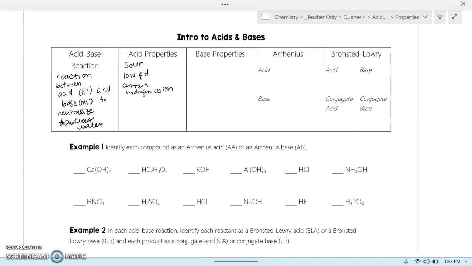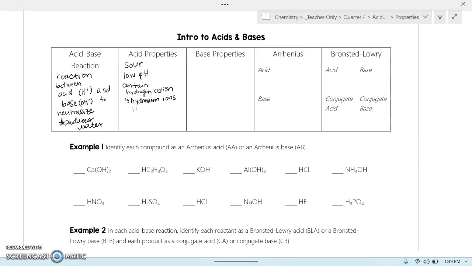When acids and bases are introduced to water, all of them are going to be acidic or basic solutions, so they will be in water. Those H's, or hydrogens, are going to bond with a water and form what we call a hydronium ion.